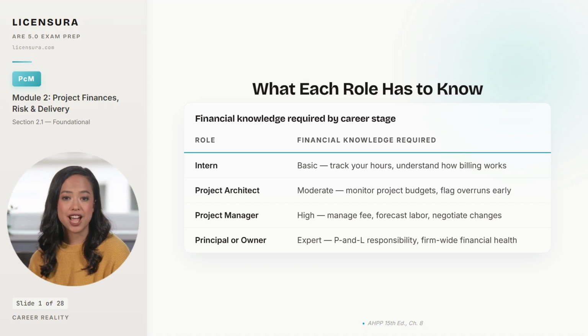The most common path to becoming a principal is not best designer gets promoted. It is the person who can manage projects profitably and design well who gets trusted with the business. Step back from the 4 roles and the 4 skill sets, and the takeaway is the same. Design talent without financial literacy is a career ceiling.